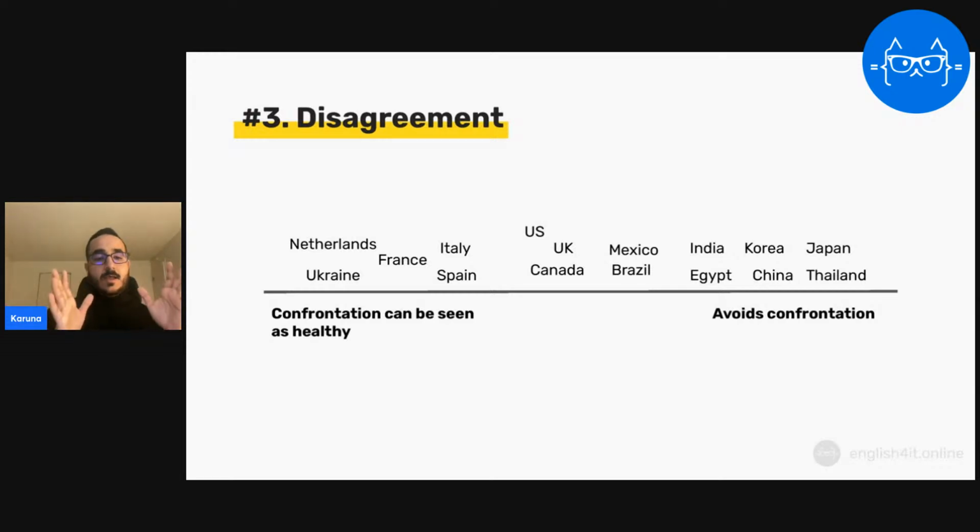But there are cultures where confrontation can be seen as healthy, and I'm not talking about actual physical confrontation. I'm talking about how we work through our differences and disagreements. And there are countries where confrontation is really avoided. I'm using Malaysia as an example because I grew up there. Malaysia would be very far to the right. We are very non-confrontational, especially in public.